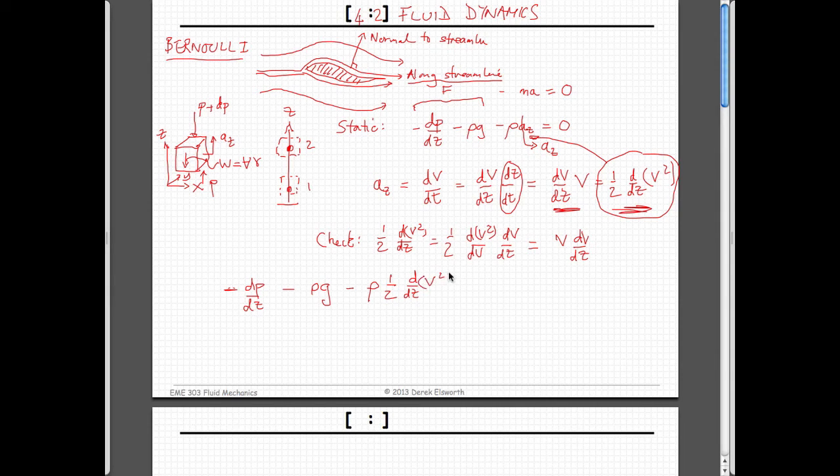Right? So we've done nothing other than just figure out exactly what acceleration is and substitute it into this. And that's the differential form of this expression.